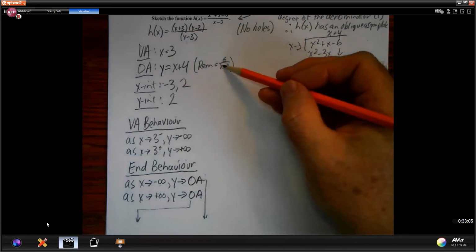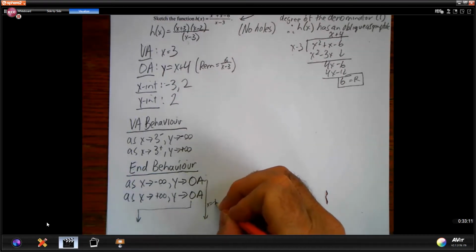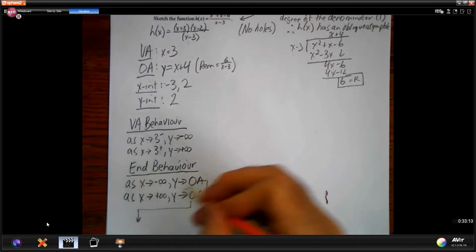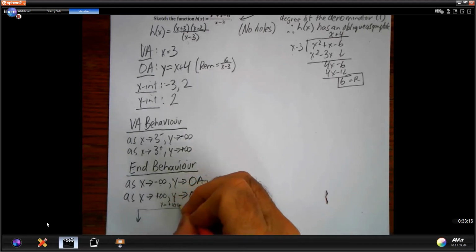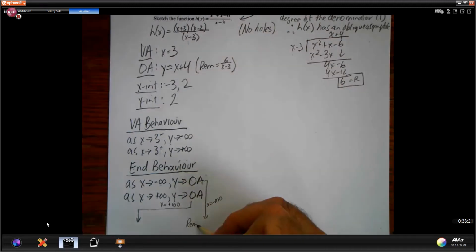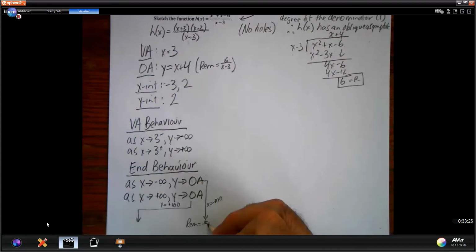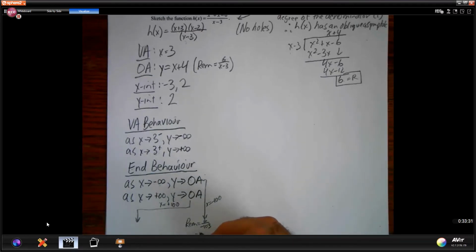If I say x equals negative 100 for this, and x equals positive 100 for this, then when I plug it into the remainder, it will equal 6 over negative 100 minus 3, which is 6 over negative 103. And all I care about here is the sign. So the remainder is negative. That means that y is approaching the oblique asymptote from the negative side, from below.